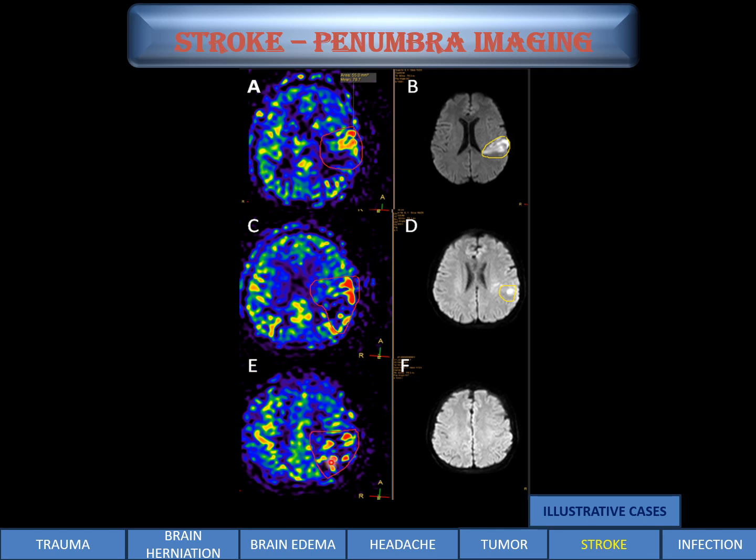But if you see the diffusion weighted imaging, there is no corresponding area of infarct, which means this tissue is at risk, and if you do something, the patient might not land up with an infarct at a later time. So that is penumbra imaging.